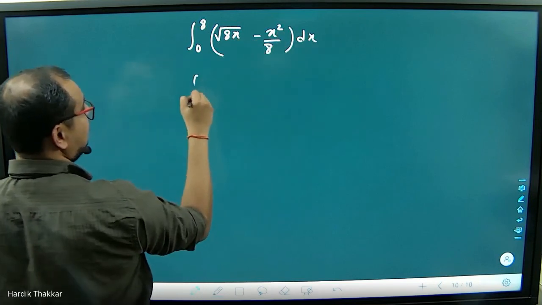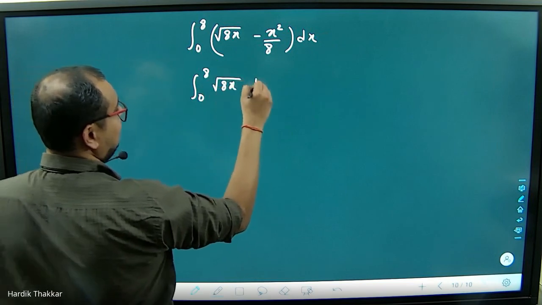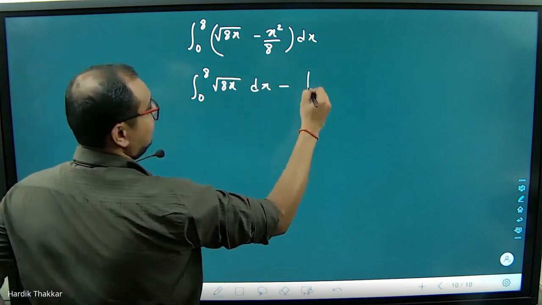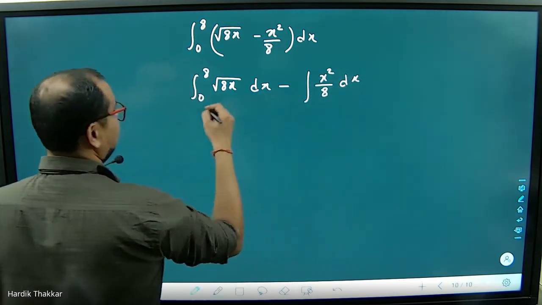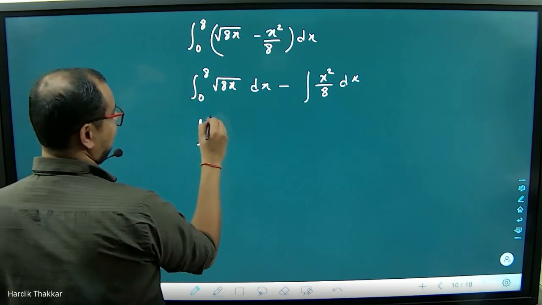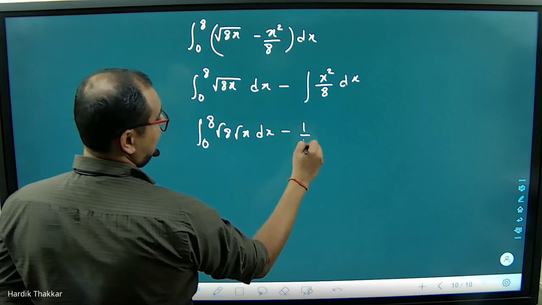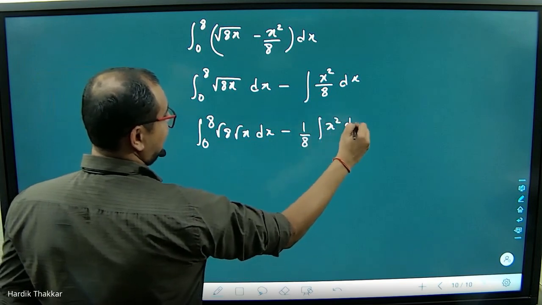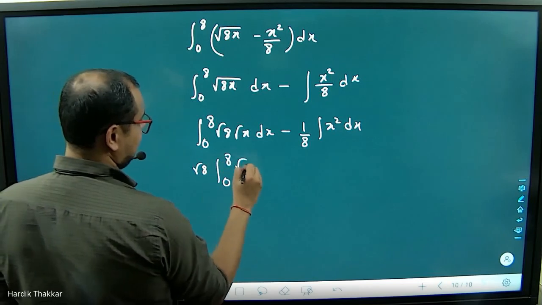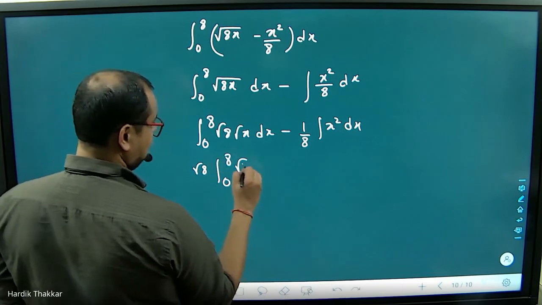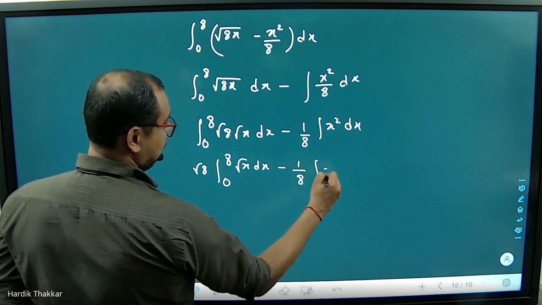So first we separate this: the root 8x dx term separately, minus the integration of x square upon 8 dx term separately. So we can further separate this as √8 √x dx minus 1/8 integration x square dx. √8 can be taken outside the integral, so it will be like this, minus 1/8 integration x square dx.